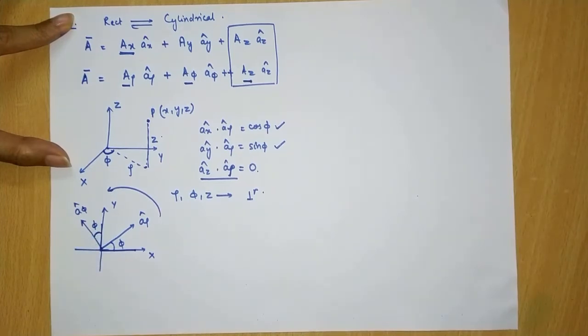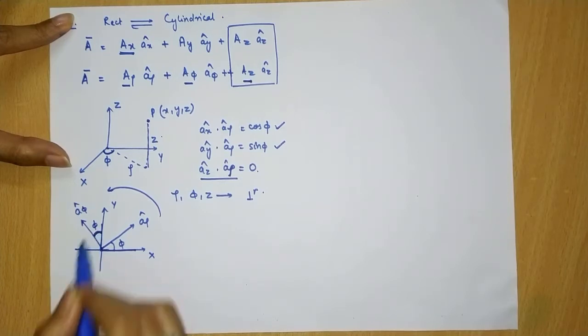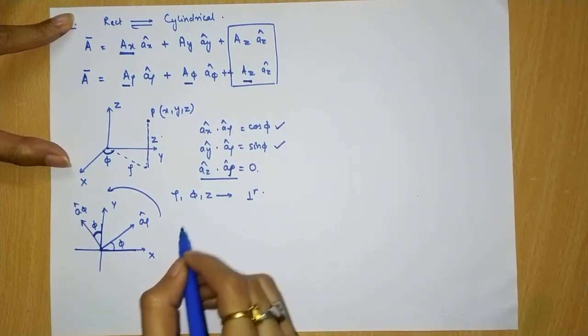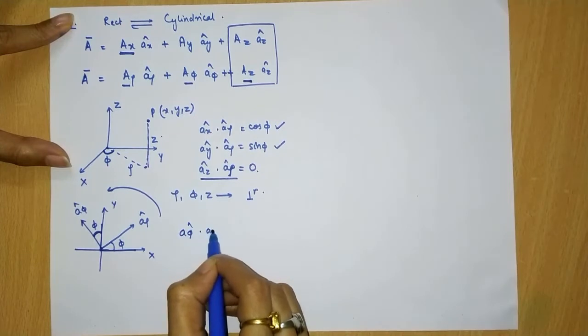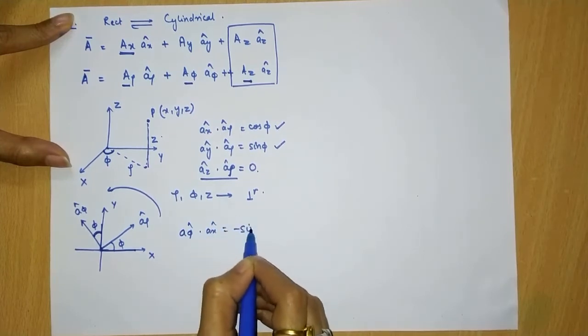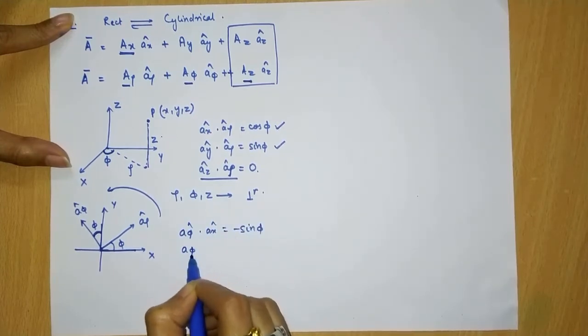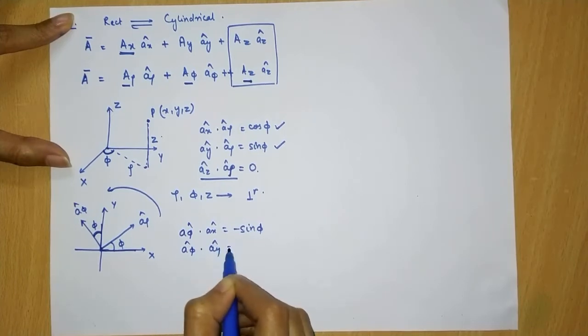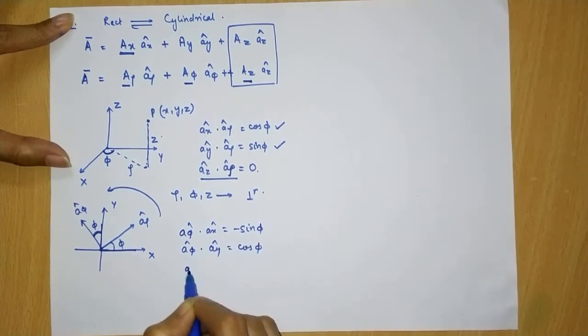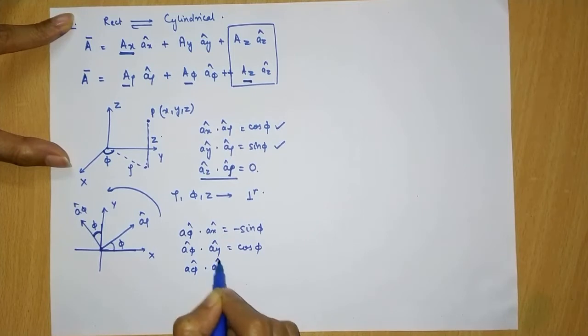Since y is perpendicular to x and a phi is perpendicular to rho, hence this angle comes as phi. So, a phi cap dot ax cap is equal to minus sin phi. a phi cap dot ay cap is equal to cos phi, and a phi cap dot az cap is equal to 0 since phi is perpendicular to z.